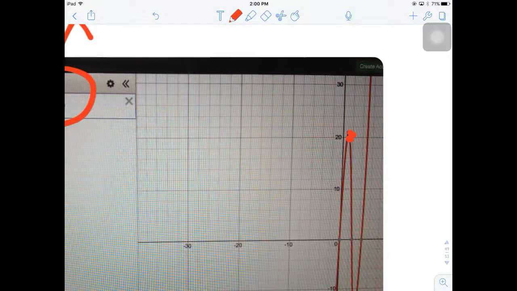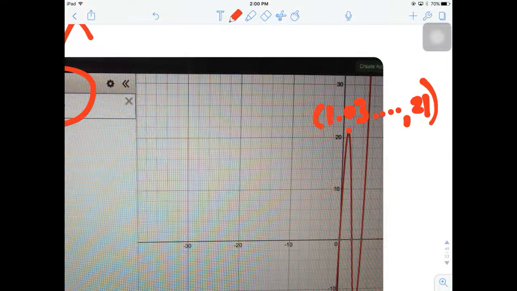I should have clicked the point on Desmos, but if you place your cursor right there on that point, you should be able to obtain the point. It should give you a value like 1.03 something, and then the maximum is like 21, the actual volume.